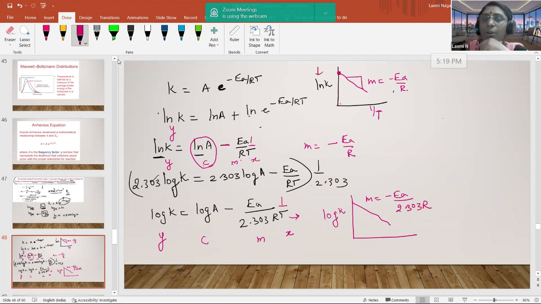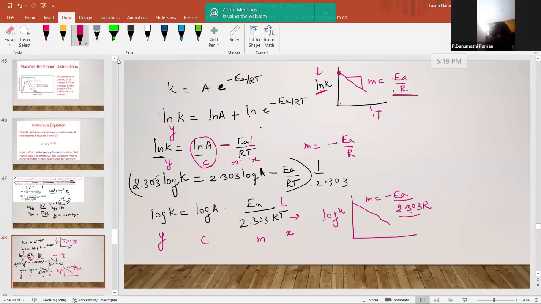When you have ln, by mistake the child should not include 2.303. The ln to log conversion only brings 2.303. So this is one indication. They can check their answers. When they are writing ln terms, 2.303 should not be there. They should know the expression, denominator, numerator.